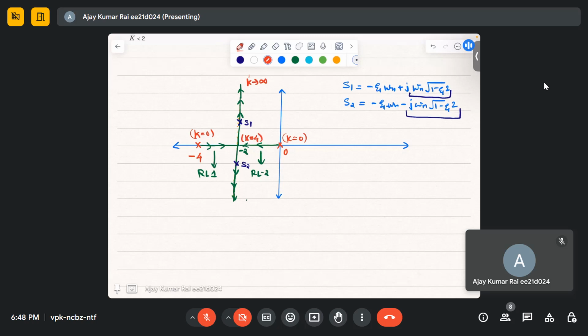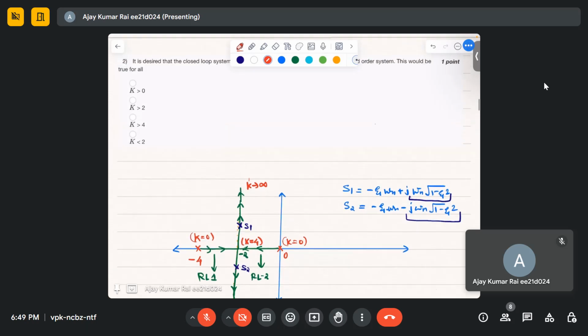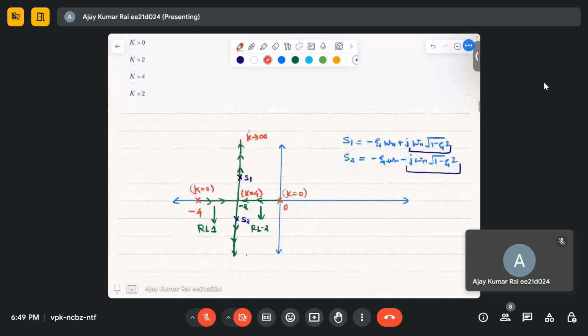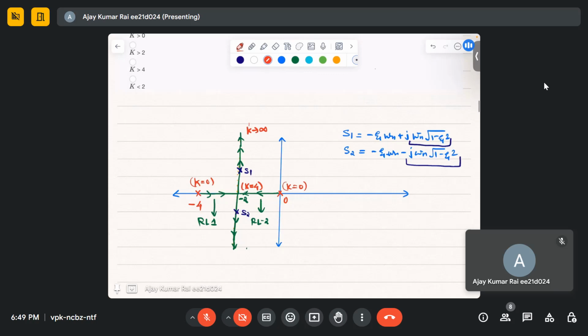Now you answer me what should be the value of k so that we get complex poles. Just look at the root locus and answer. K greater than 4.